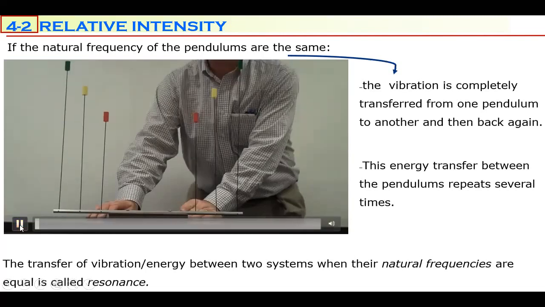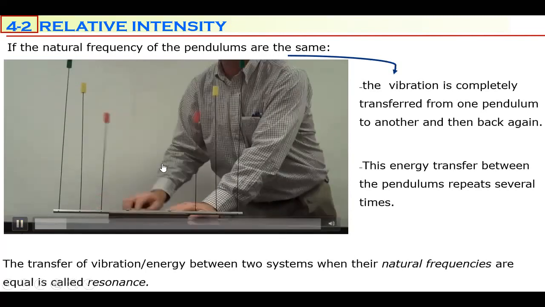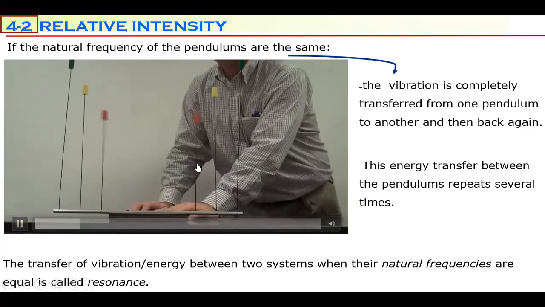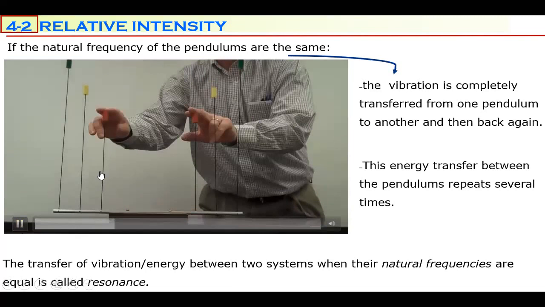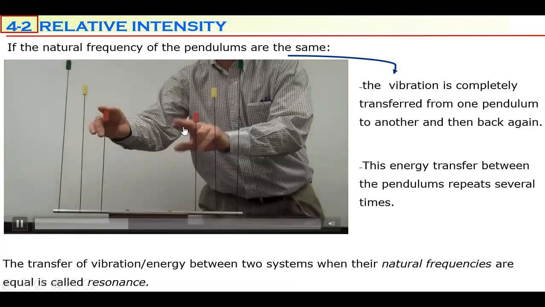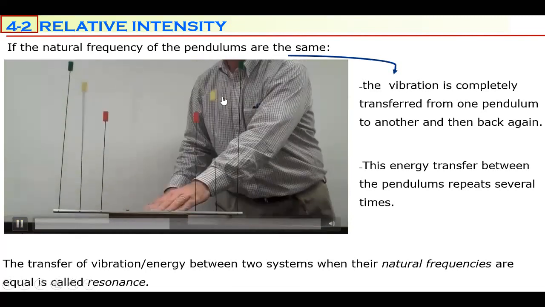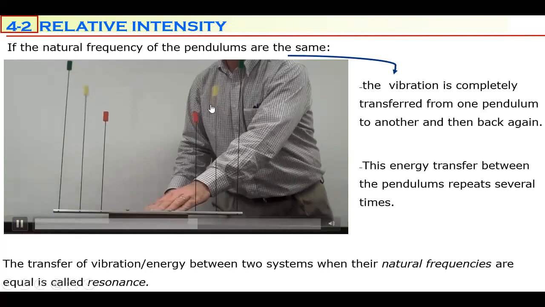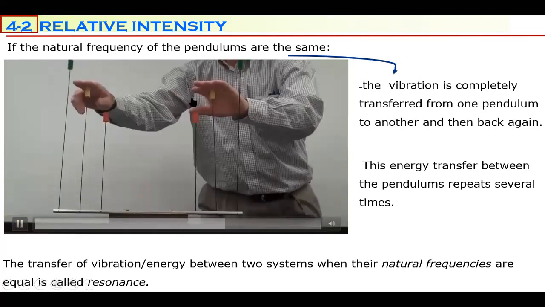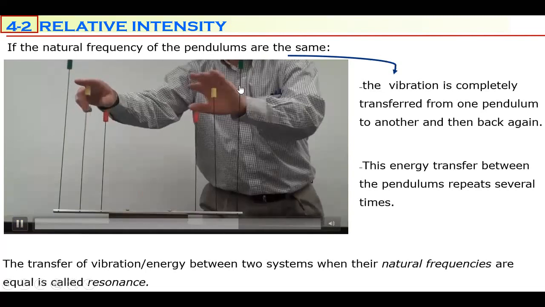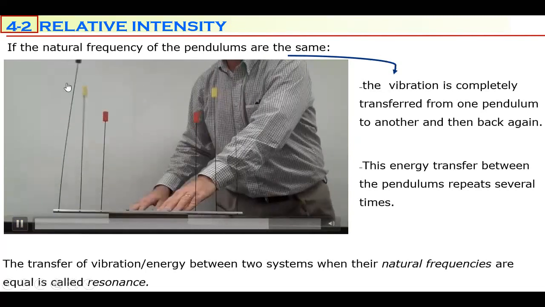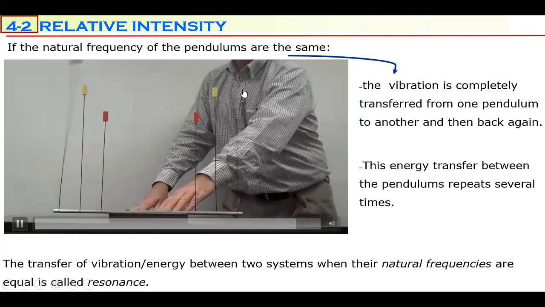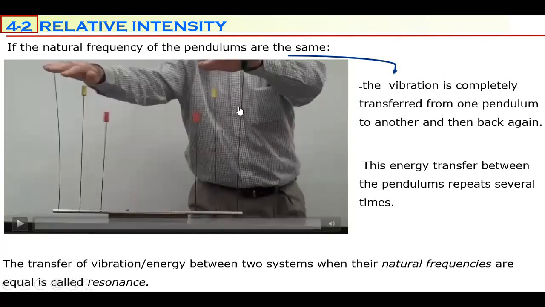Let's see it. See that? This and that. Because their natural frequencies are equal, they transfer energy from one to another. Red and red, yellow and yellow: their lengths are equal, so their natural frequencies are equal. Resonance occurs between these two pendulums. Or green and green. Energy is transferred from this pendulum to that one. So this is an example of resonance.